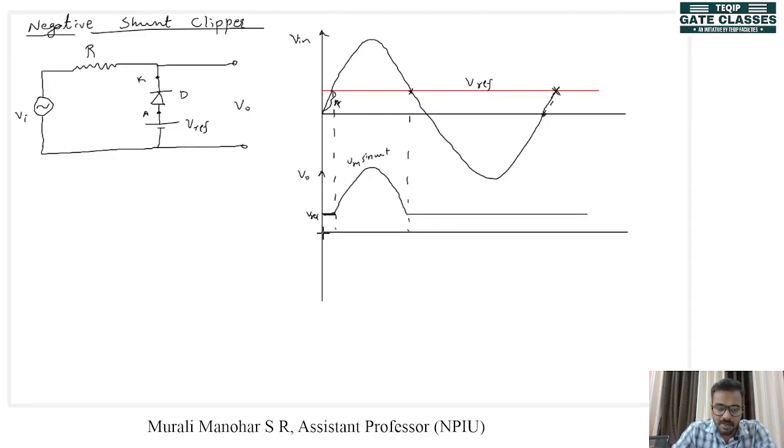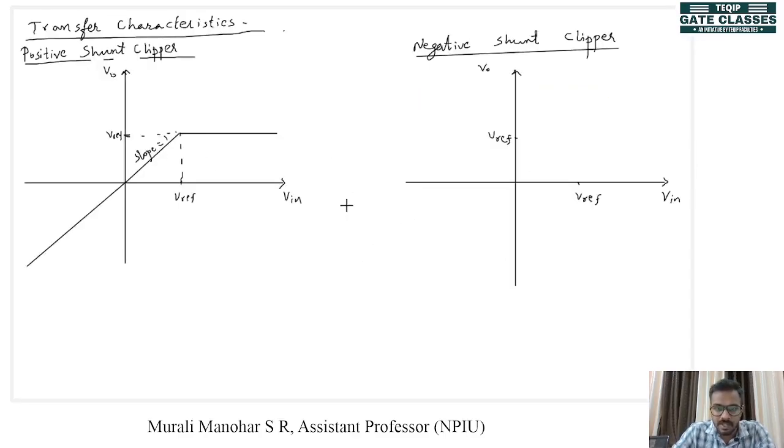This is V in going up to Vref. When V in is going up to Vref, output is equal to Vref. That is, when V in reaches up to this point, the value of output will be equal to Vref.